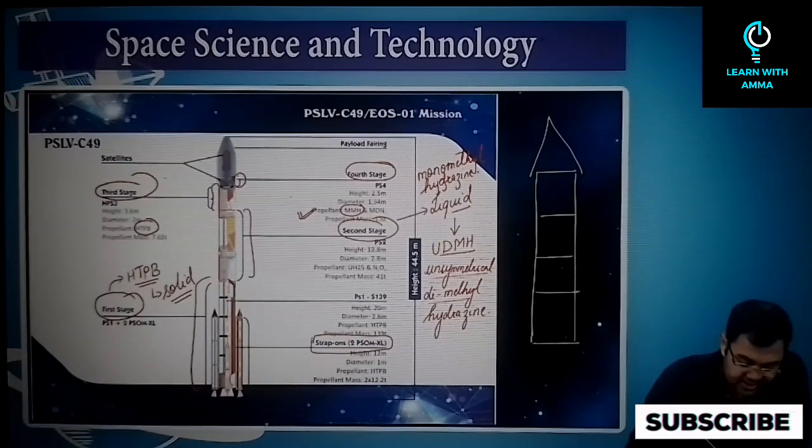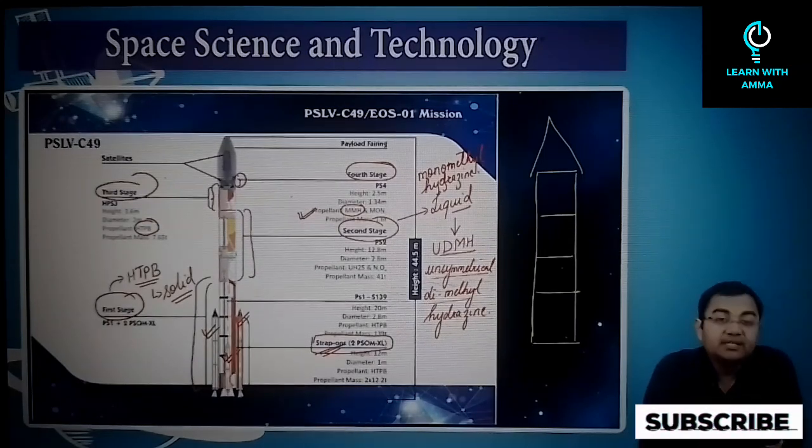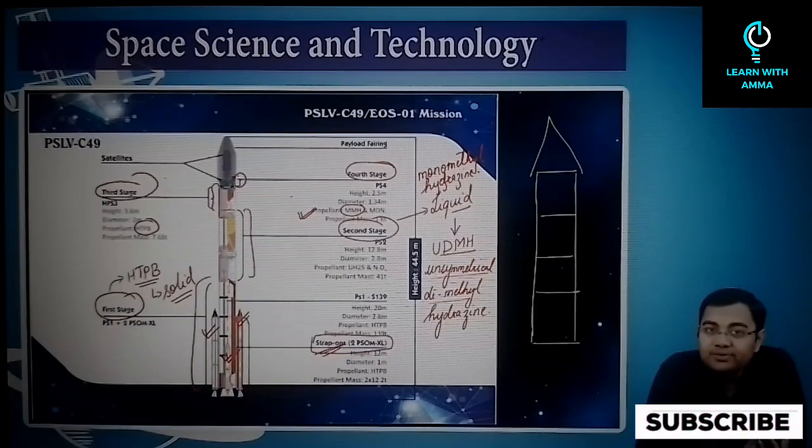These small structures that you see are called strap-on motors. These strap-on motors provide the extra thrust that might be required by the launch vehicle to move forward and go into space. So that's the role of the extra motors, the small rocket-like structures that you see here.